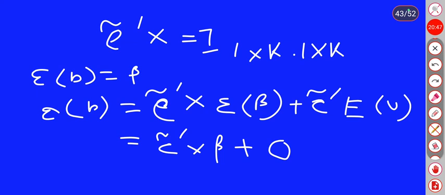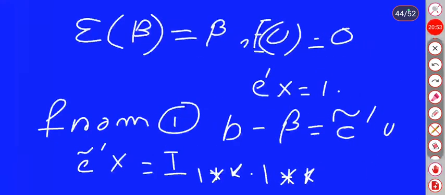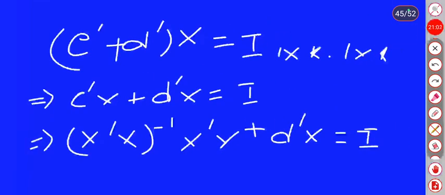Here c tilde prime x is equal to I, so we get expected value of b equal to beta. And (c prime plus d prime) multiplied by x is equal to the identity matrix.